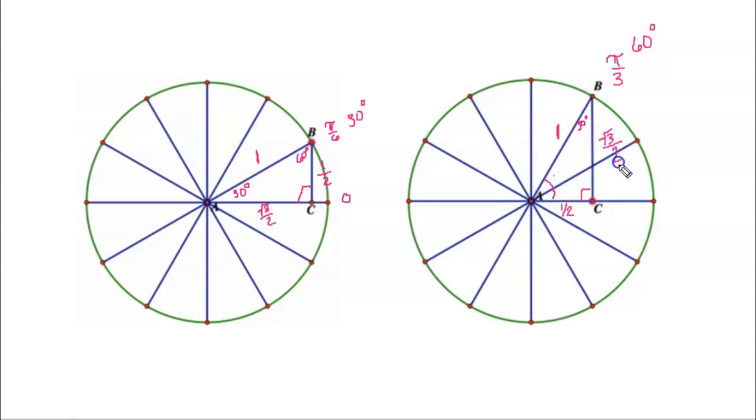So we have found the lengths of BC and AC in both triangles, and now we can write the coordinate points. We now know that this one is going to have an x coordinate of square root of 3 over 2, and this one's going to have a y coordinate of 1/2, whereas this one, it's flipped. The x coordinate is 1/2, and the y coordinate is the square root of 3 over 2.